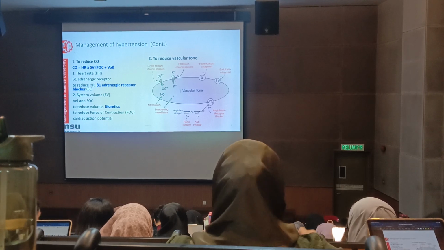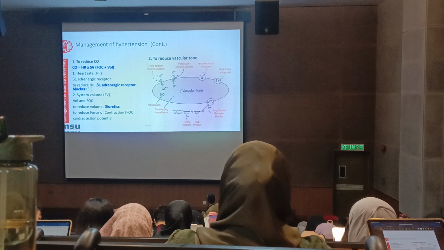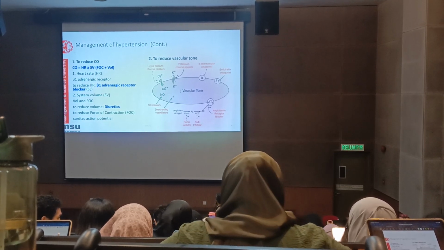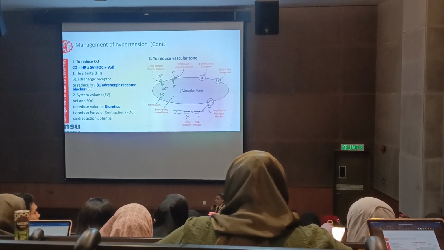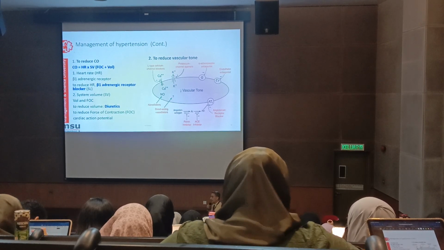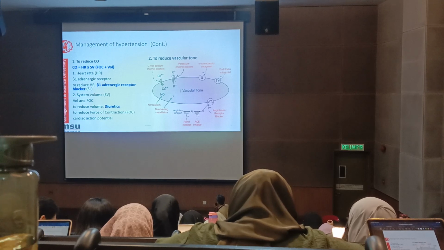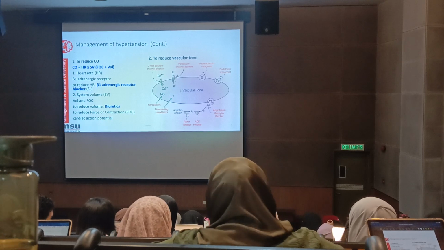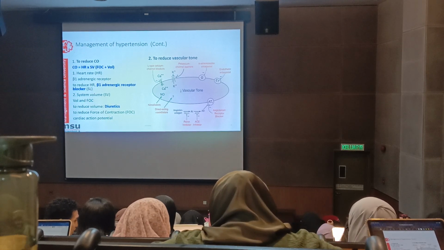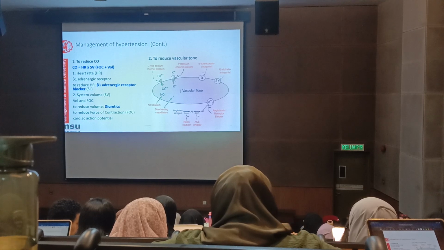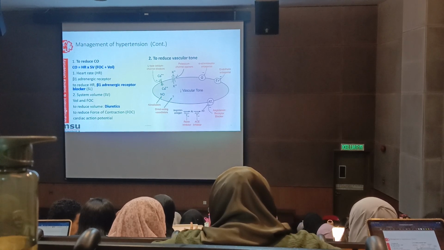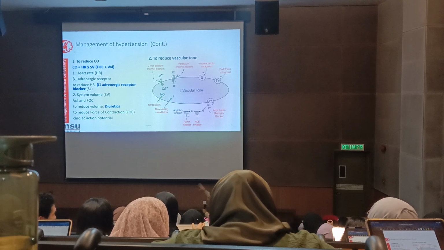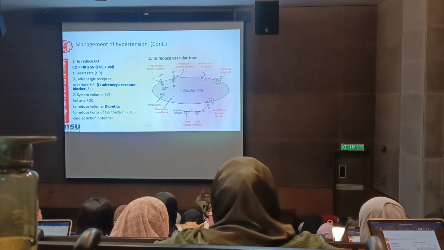For endothelin and angiotensin antagonists, this is a new group coming onto the market. We have the angiotensin receptor also. Within it, before that, we have angiotensin converting enzyme inhibitors, so that they can inhibit the production of angiotensin 2, which activates the angiotensin 2 receptor.